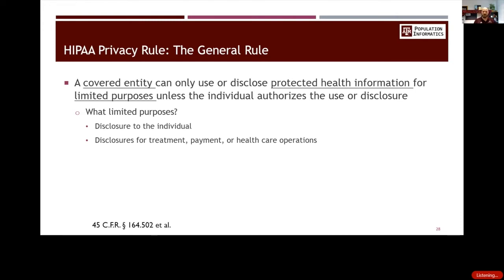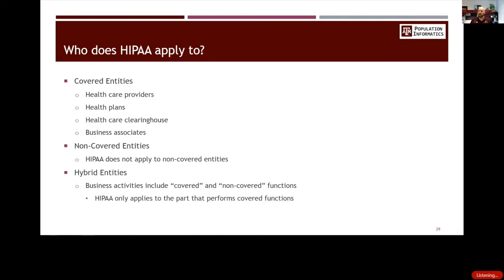Now, before we get too far into this, I want to talk about two very important definitions in this general rule. The first one is, what is this covered entity thing? HIPAA only applies to covered entities. These are healthcare providers, health plans, healthcare clearinghouses, and the business associates of healthcare providers, health plans, and healthcare clearinghouses.